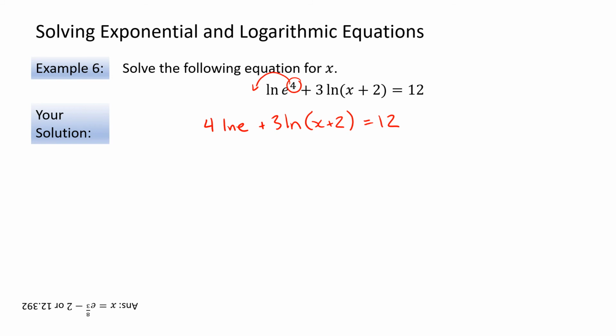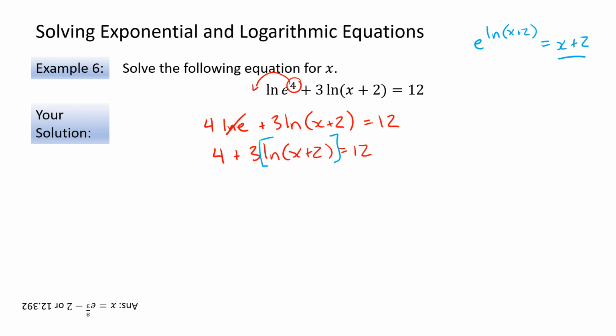So we know that ln of e is 1. So this just becomes 4 plus 3 times ln of (x plus 2) is equal to 12. We're trying to solve for x, so I want just the ln function to be on one side. Remember those two important rules from the last example: e to the ln of some function, in this case x plus 2, is just equal to x plus 2.